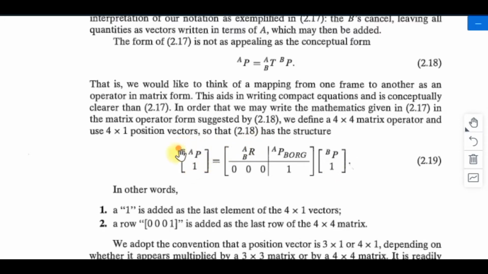So it becomes 4 cross 4, and it is 4 cross 1. It is a complete set of matrices, the relation between A P and B P. Look at here, the point B P is given and you have to calculate the value of A P.